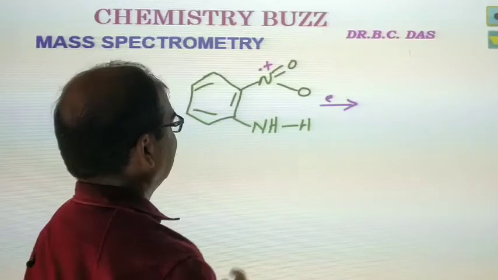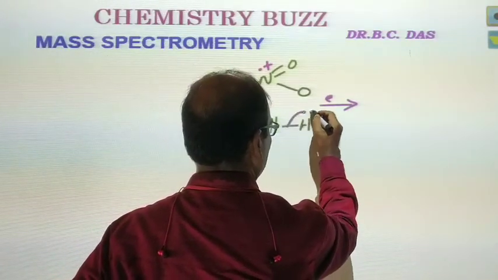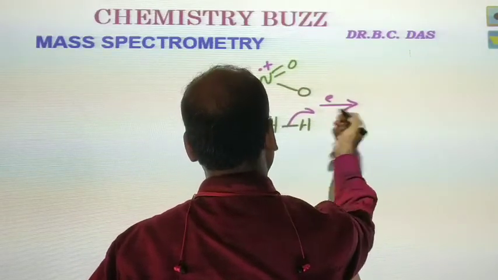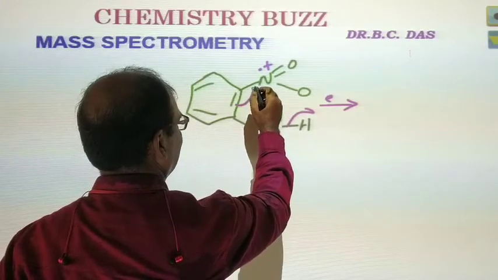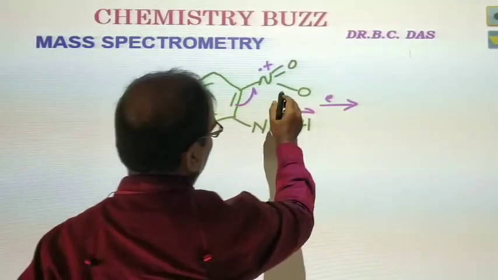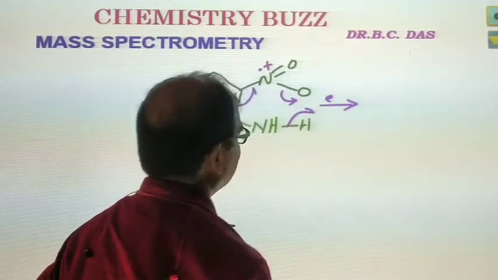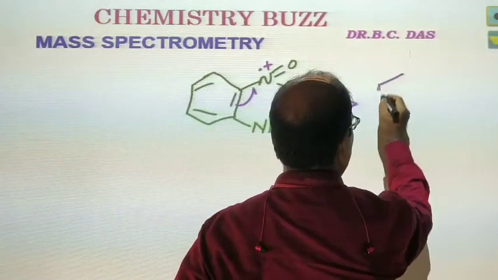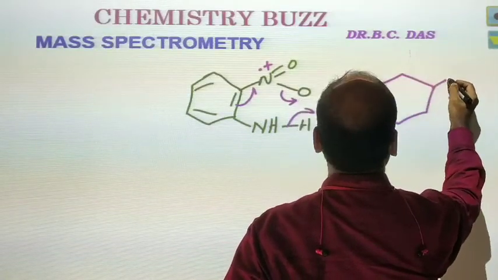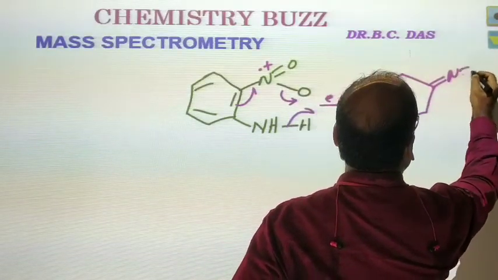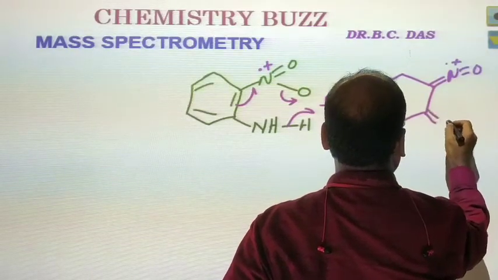So this bond will polarize in this direction, the hydrogen will go with its single electron, then this will polarize in this direction, and this will polarize in this direction. So you will get a compound that is N double bond O dot plus NH.